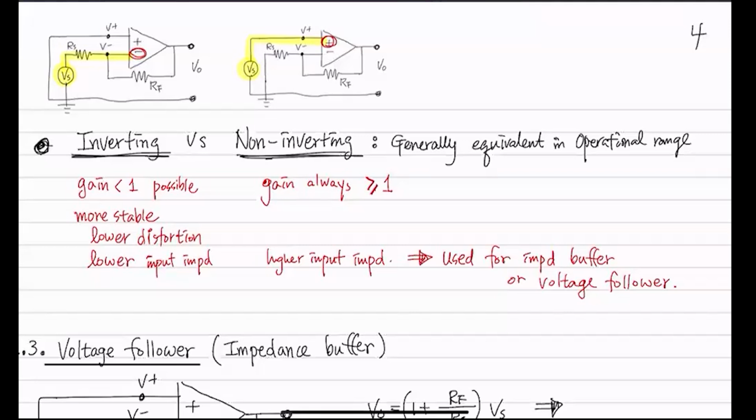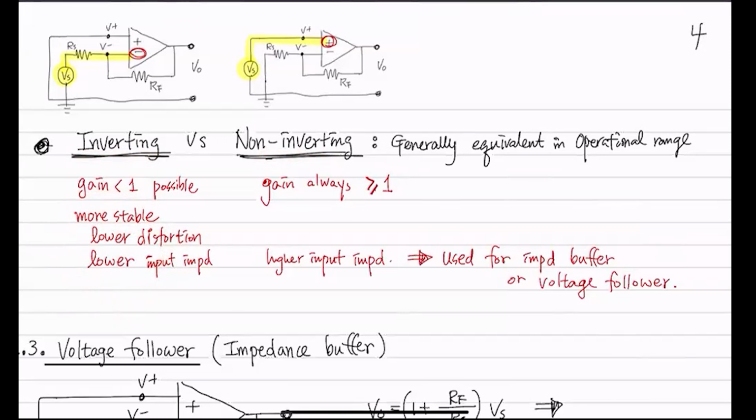So if you are hitting the limit of a specific op-amp, say if the frequency is too high or the gain is super large, then it is said this guy is slightly more stable compared to the non-inverting, okay? However, if you're hitting the limit, just buy a better one. That's the first option you want to try, but still, if you have to live with this, maybe you go with this, all right?